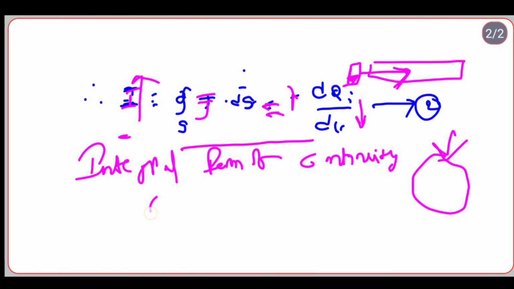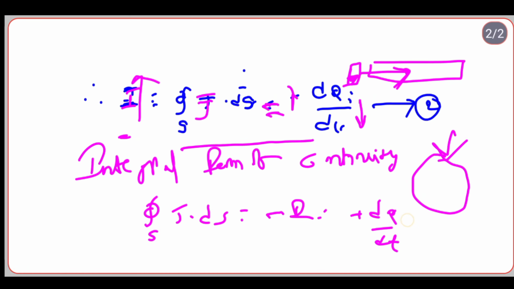Therefore, surface integral J dot dS equals minus I equals plus dQi by dt. If the current is entering the volume or surface, this sign will be reversed.